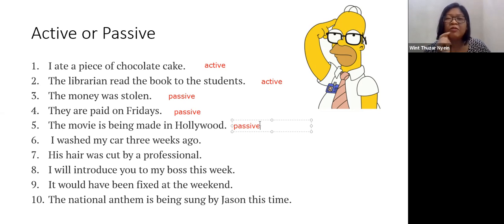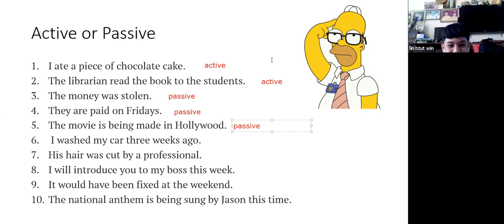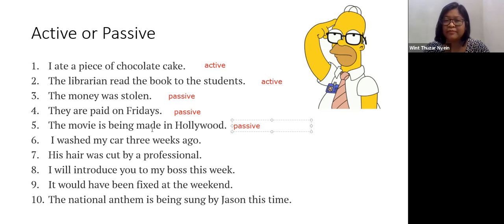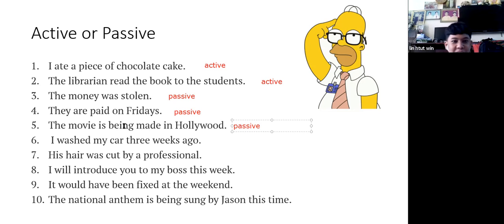Elvin, do you know the active form of is being made? Elvin, unmute your microphone first. Is it the sentence or the verb form? Verb form. The verb form is made. No, it's making.